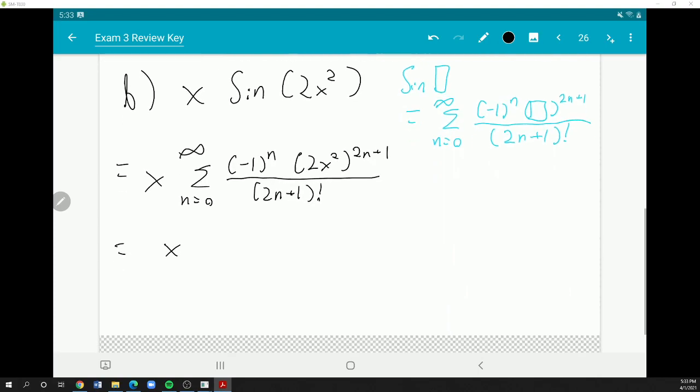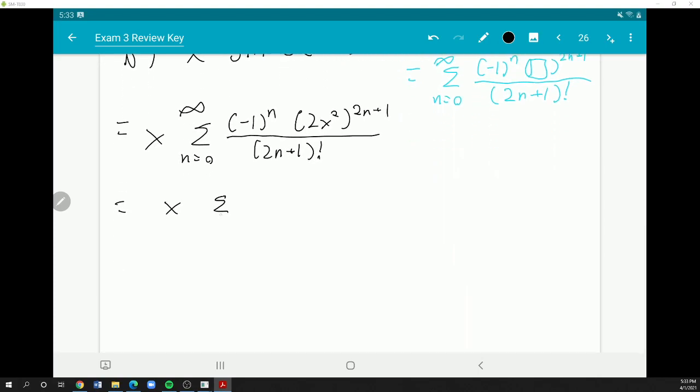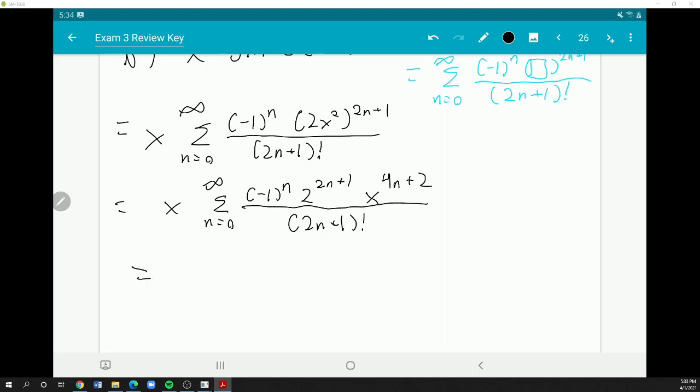So I get x times the sum n equals 0 to infinity, minus 1 to the n still, 2 to the 2n plus 1, x squared is going to be x to the 2 times 2n plus 1, which is 4n plus 2, over 2n plus 1 factorial.